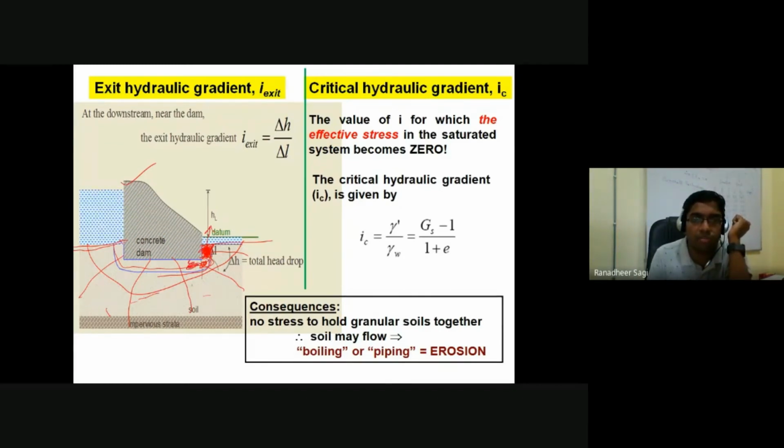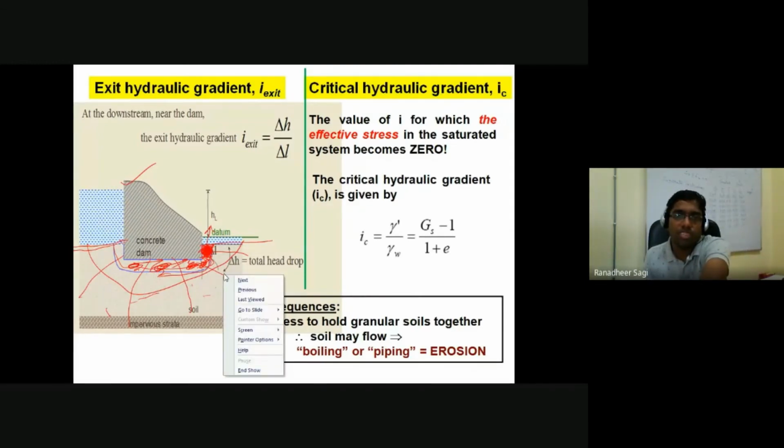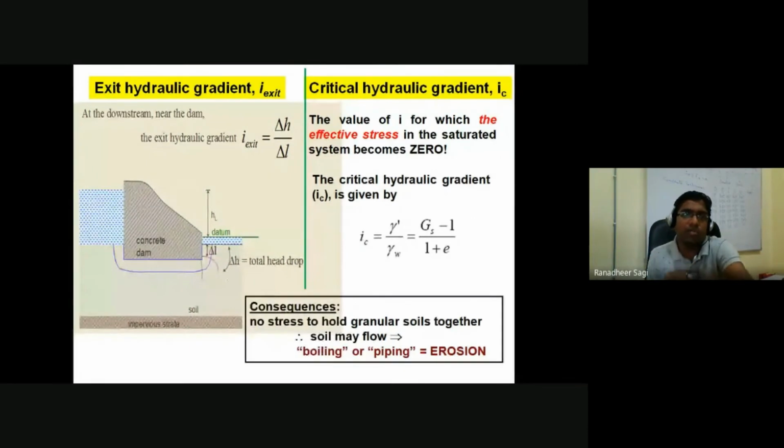From here it moves here, from here it moves here. That's what is going to happen. So it's very important to understand whether the soil element on the immediate downstream side is going to cause failure in the soil or not. If it is, then you say your piping failure has developed.